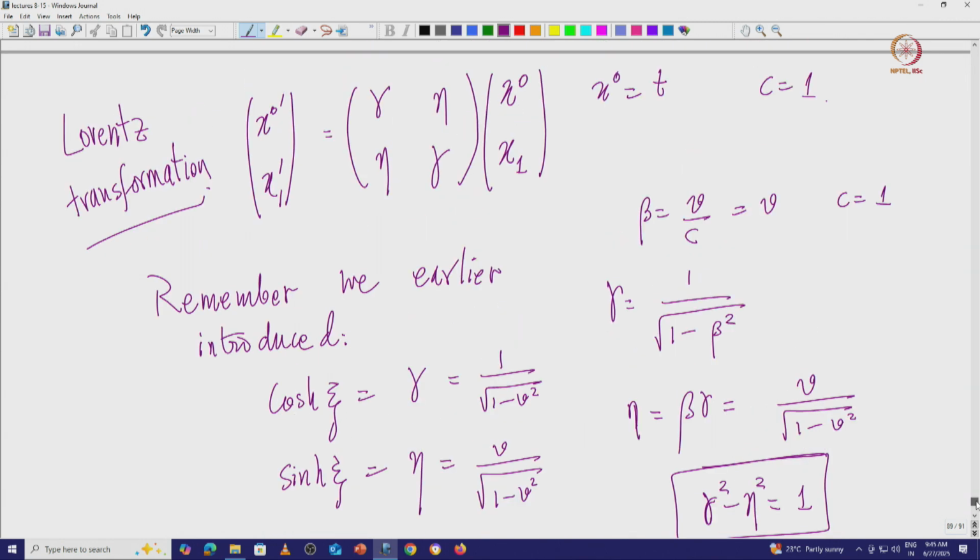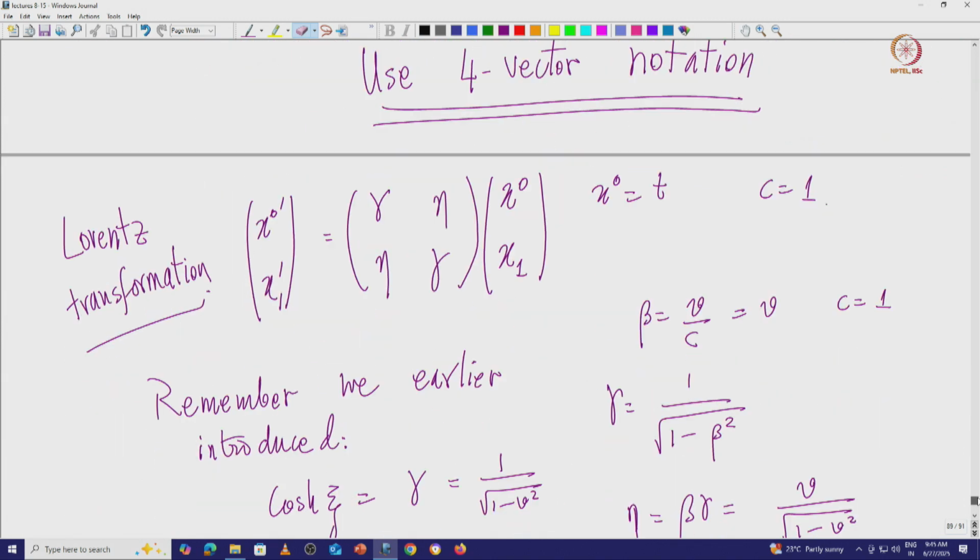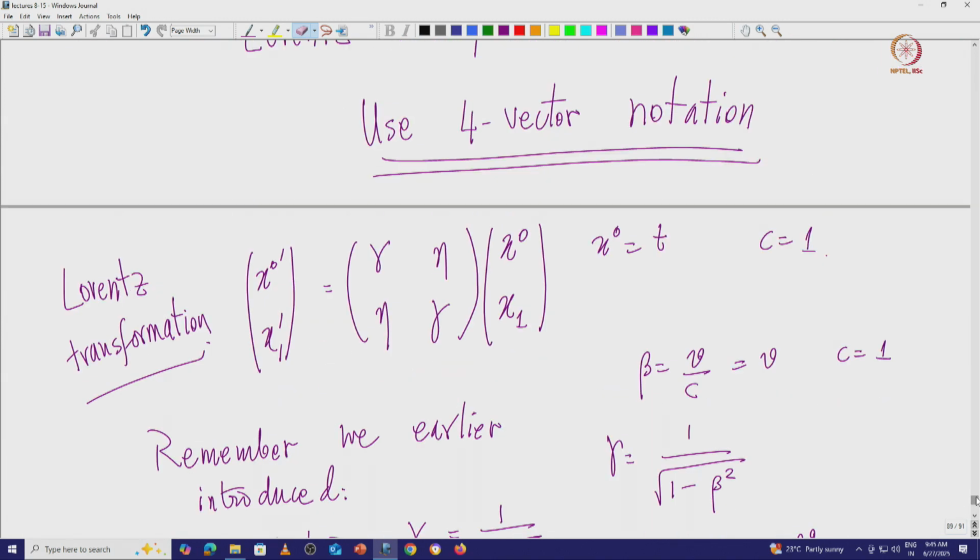Okay, we are putting lower indices. So just before we introduce 4 component notation, this is something which you already know, but I am repeating it for completeness because I want to show this forms a group.